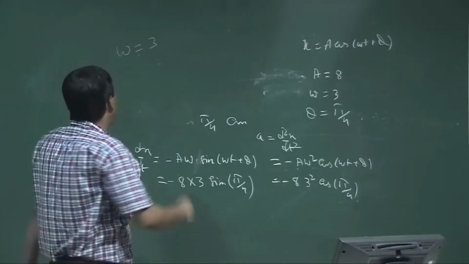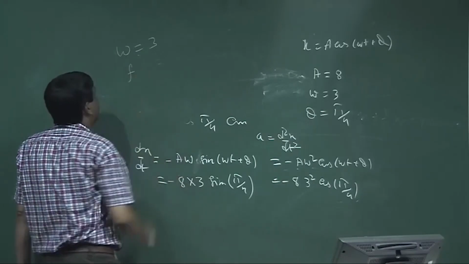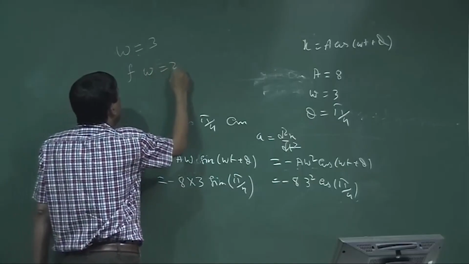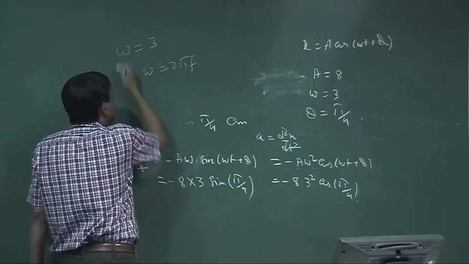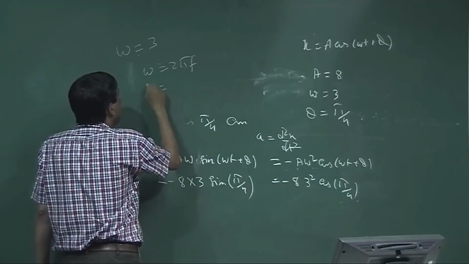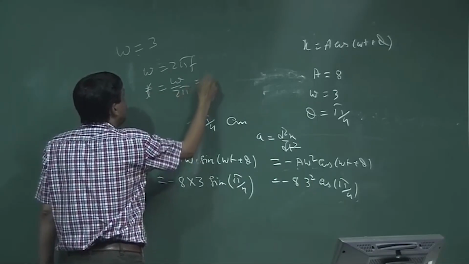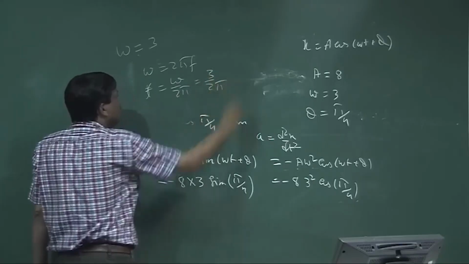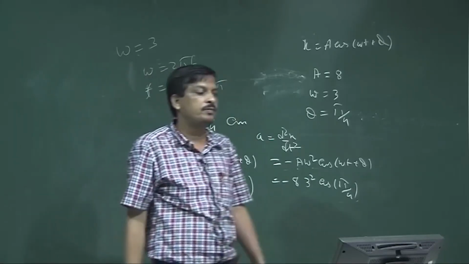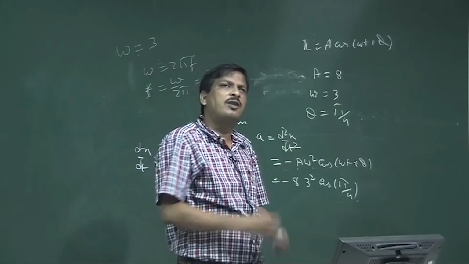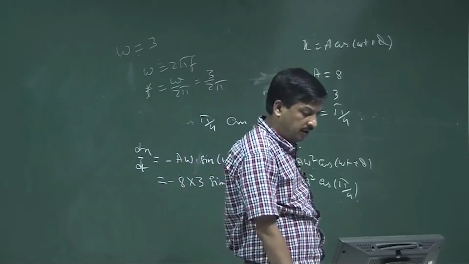Now, what is f? Omega is nothing but 2 pi f. Then f is nothing but omega by 2 pi, so it is 3 by 2 pi. Okay. So, that way I can find out any parameter for that.